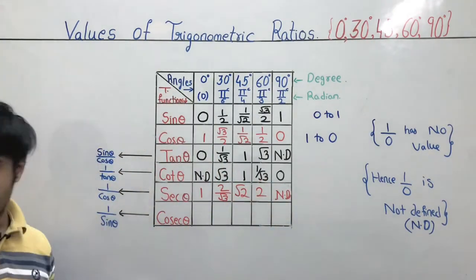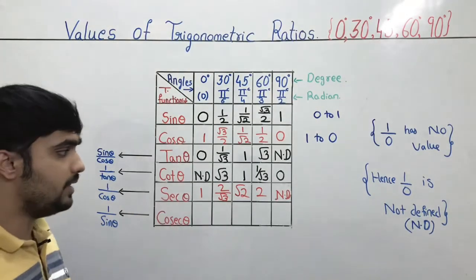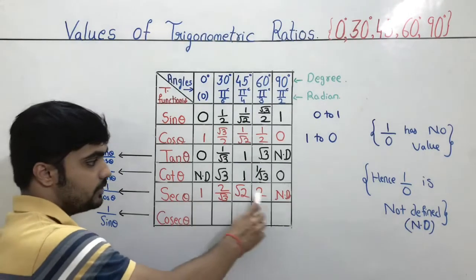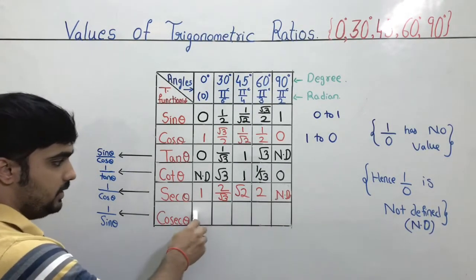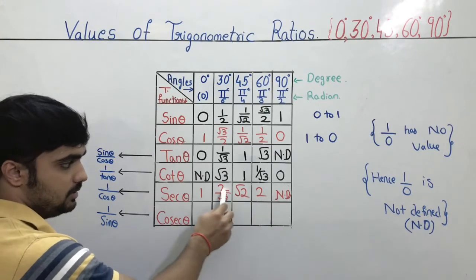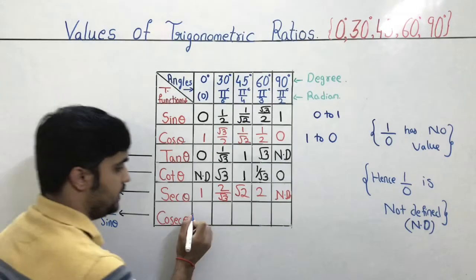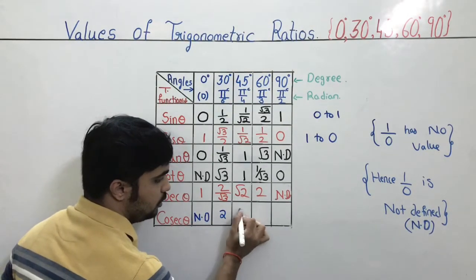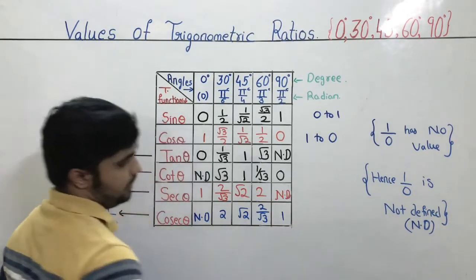Our last trigonometric ratio is cosec theta. The same trend can be followed for cosec theta. If we write the values of sec in the opposite sense, we get all the values of cosec theta: not defined, 2, 2 upon root 3, root 2 and 1.